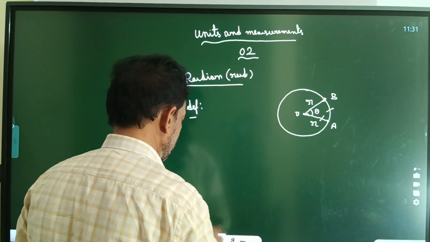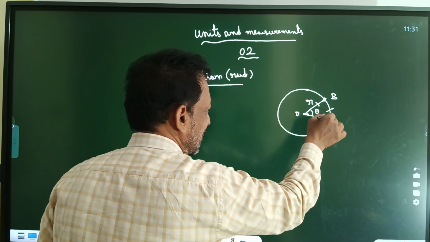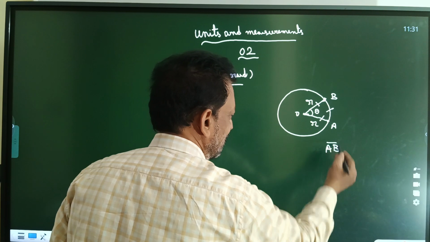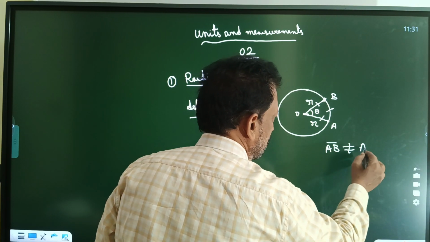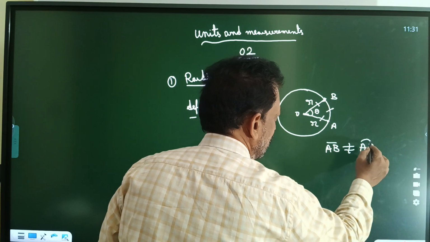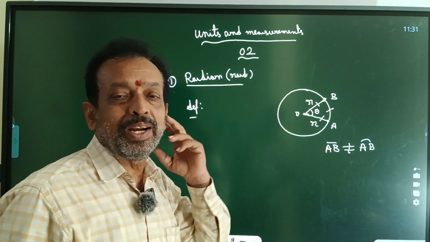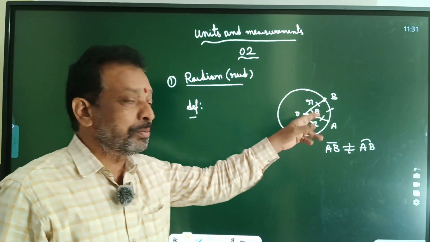So all three are equal, but the angles are not equal. Why? Because this is the arc length, a scalar quantity. But the vector AB, the straight length, is not equal to the length of the arc. If AB vector were equal to the arc AB, it would become an equilateral triangle and the angle would be 60 degrees.